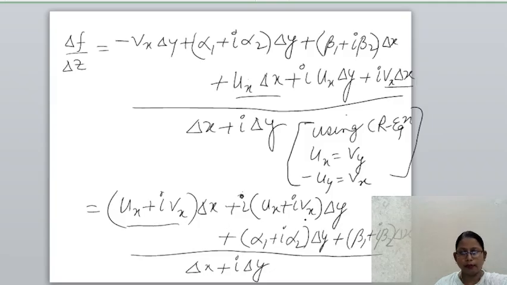Now take this term common. If you take ux plus i vx common, then within the bracket I have delta x plus i delta y.